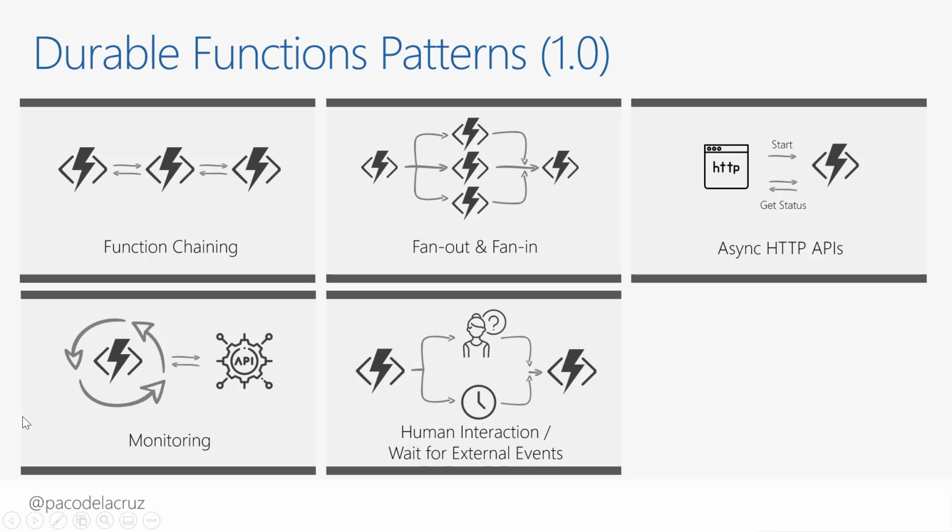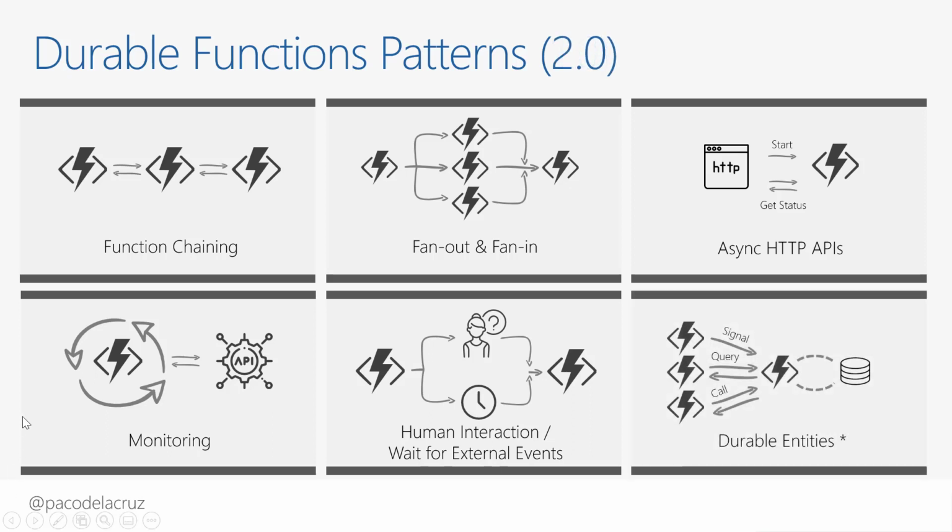With 2.0, they're releasing a new pattern, which is durable entities. So with durable entities, using the programming model, you can have these stateful entities, and then other functions can signal your durable entity, for example to mutate the state of your entity.